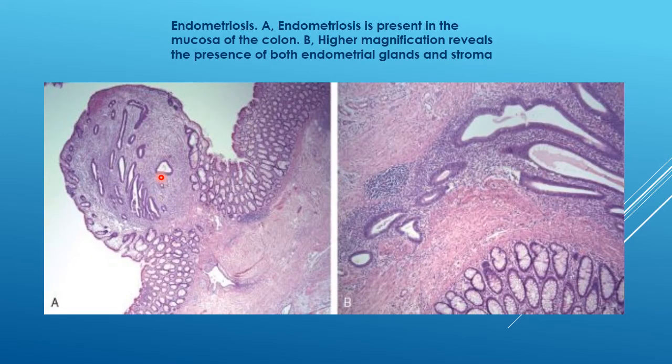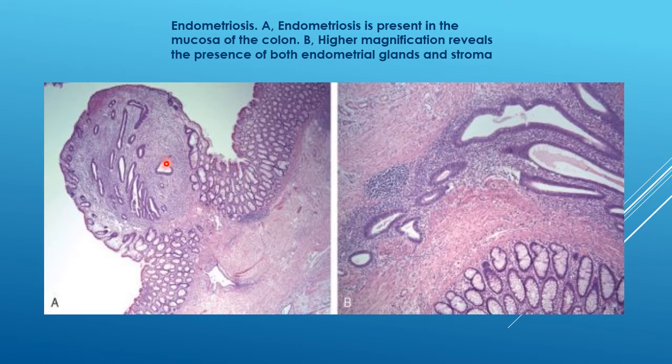See, these are the pictures. This is the first picture A, in which you find intestinal mucosa, but within the intestine you find the endometriotic glands.